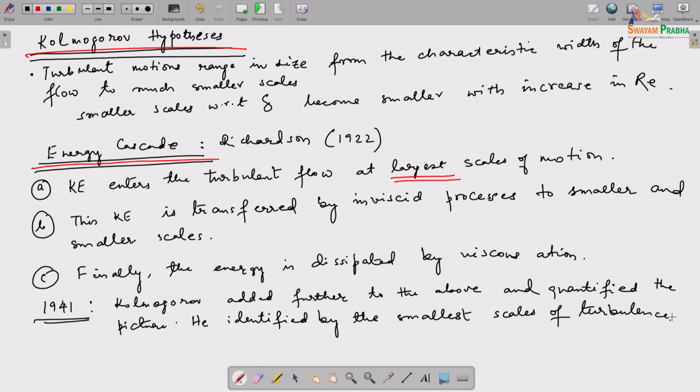Because the point was the kinetic energy is transferred till it reaches the smallest scale. What is the smallest scale? What is the length scale of that, keeping the continuum approach in place? Like we had talked about the Knudsen number, but this is different.